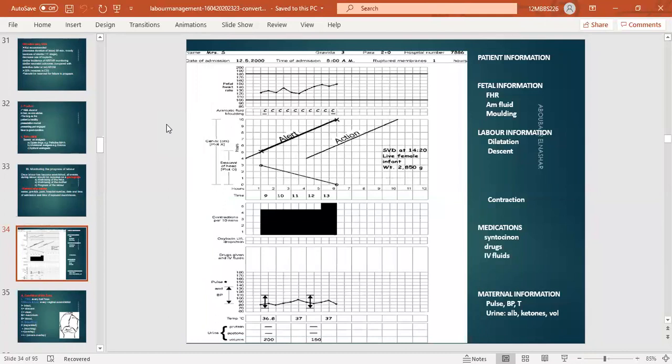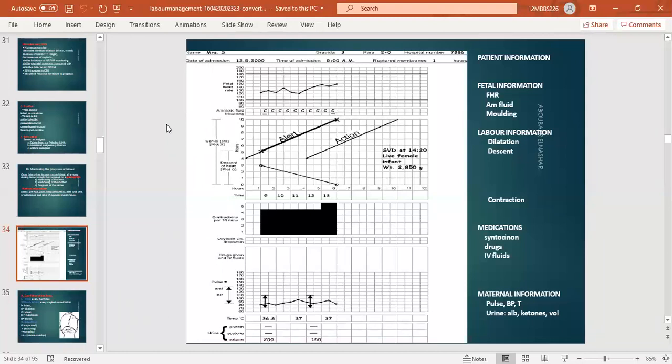Then the above column, are you able to see this whole diagram? So there is an above column which shows us the fetal monitoring, means there is a fetal heart rate. Normal fetal heart rate is between 110 and 150.